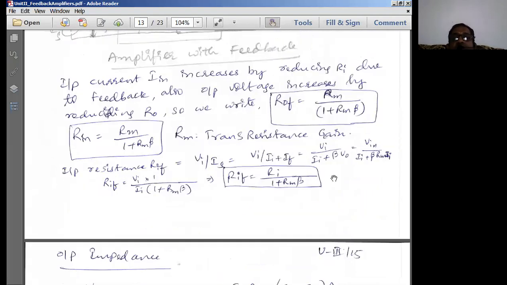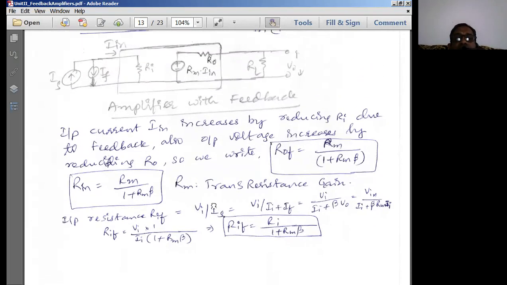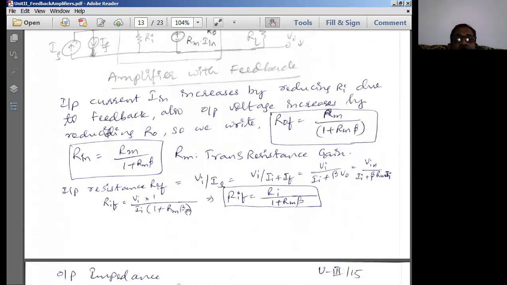From this, I can simply take Ii as common. When I take Ii as common, what about Vi? Vi is nothing but the input voltage.